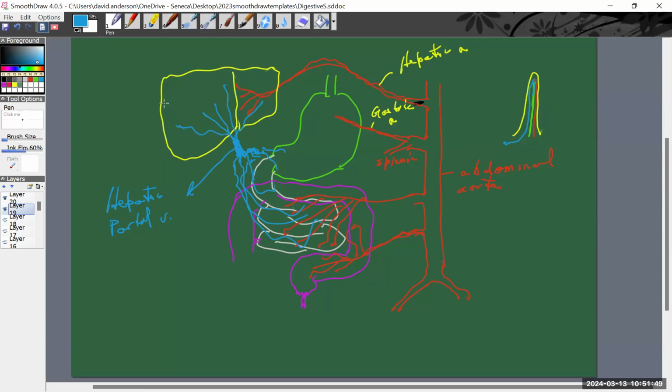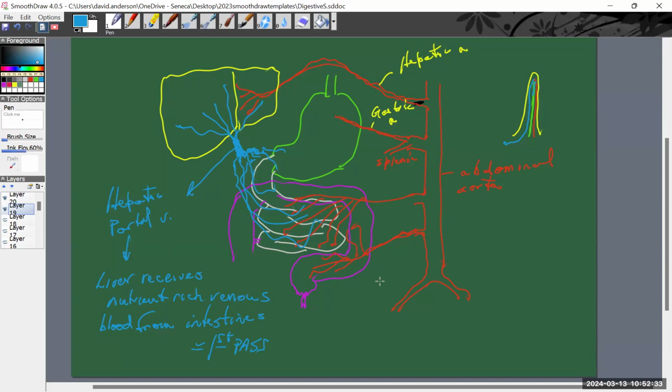And the significance of this, okay, this is important, in my opinion. It's important, so probably for you it has to be important. The significance of this is that the liver receives the nutrient-rich blood, and that's sometimes referred to as first pass metabolism.